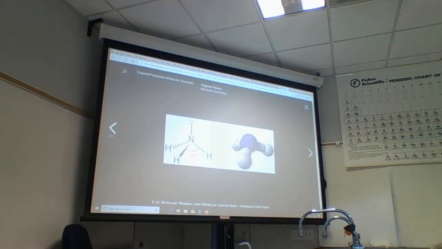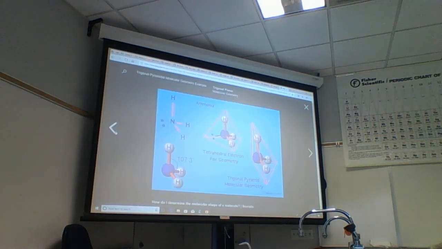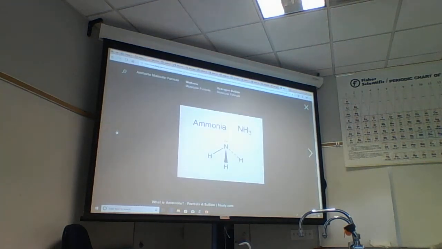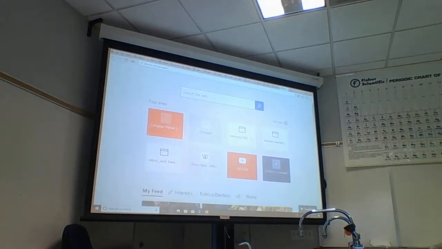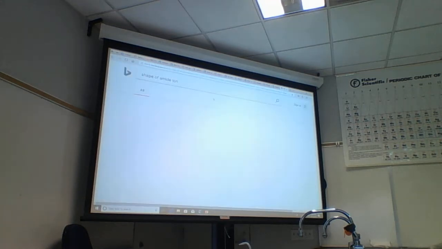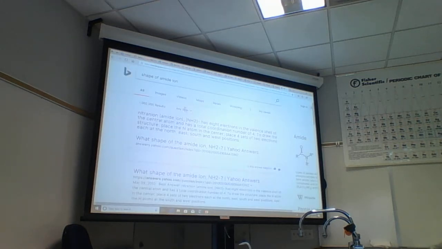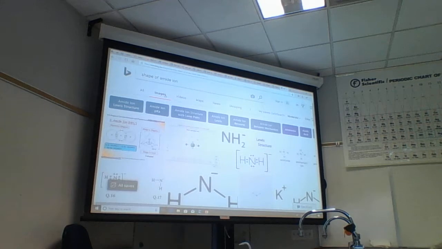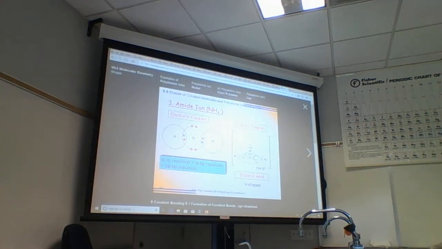How about amide? Take a look at amide. Amide's going to look a little bit different. When we look at just the atoms, it has a V shape to it.